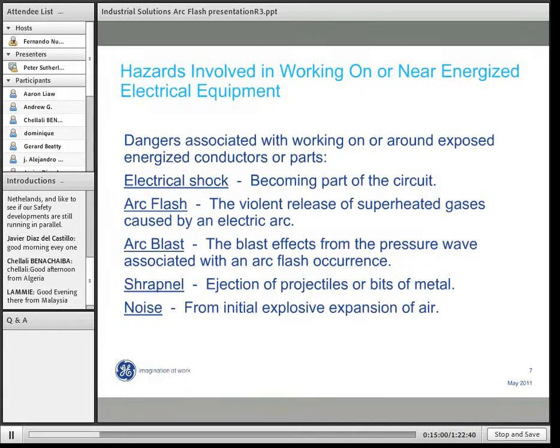Arc flash: the violent release of hot gases caused by an electric arc, where an electric arc can be caused by insulation failure or a short circuit, say if you're racking a breaker in and out and contacts aren't lining up correctly, or if somebody leaves a tool inside a piece of equipment and then it's energized.